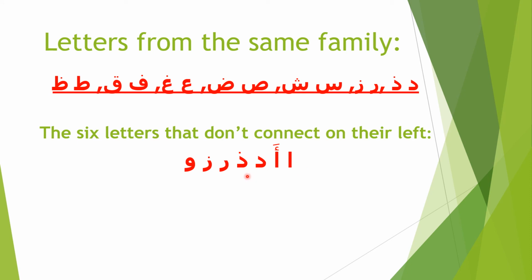And these are the six letters that will not connect on their left. Alif, typical alif, alif hamza, either way, you can't connect anything on their left. Dal right here, dhal, ra, za, and waw. And let me just give you a quick example of this. We just use one random letter here, dal, right?